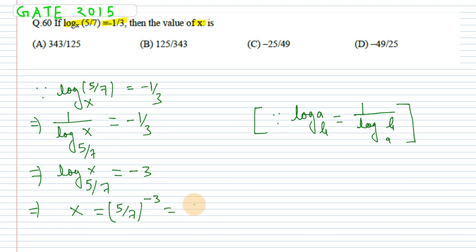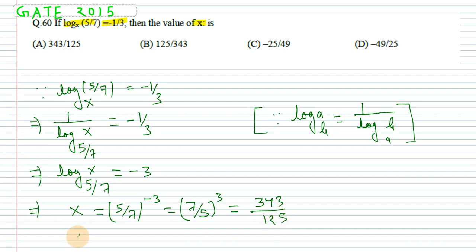And if we take the minus 1 power, then this term, 5 by 7, will become reversed, that will be 7 by 5 power 3, and this is basically 7 cube, which is equal to 343, and 5 cube is equal to 125.